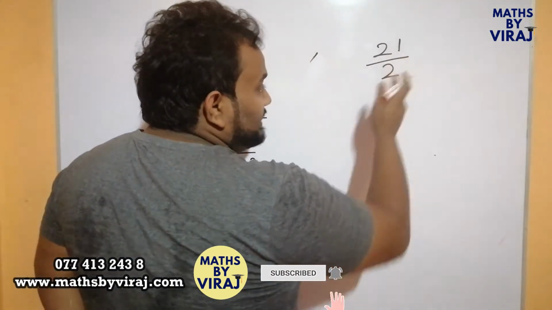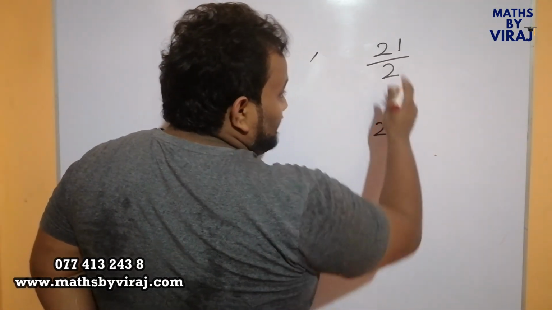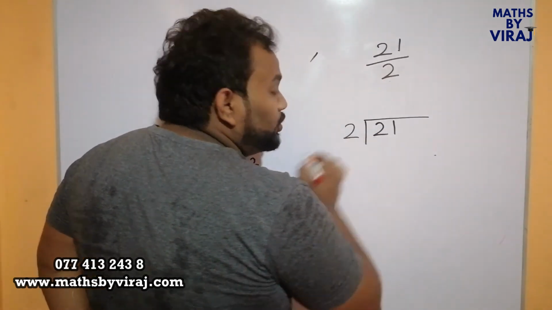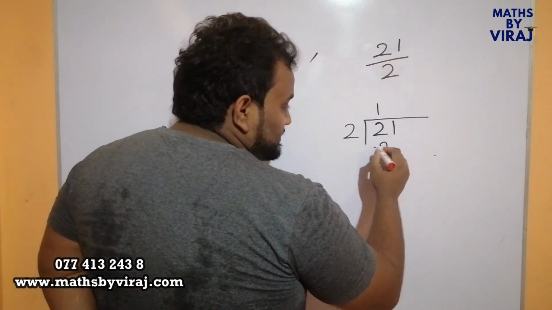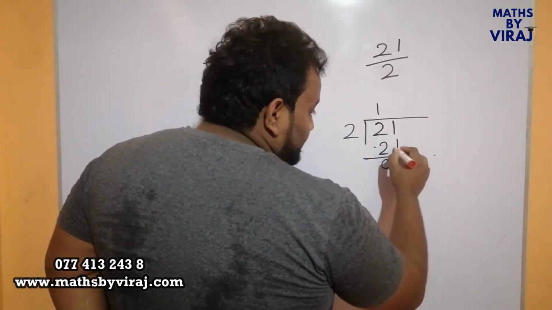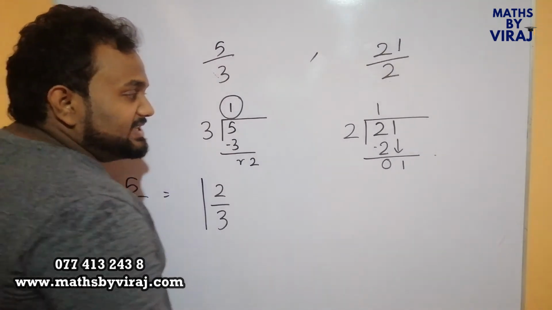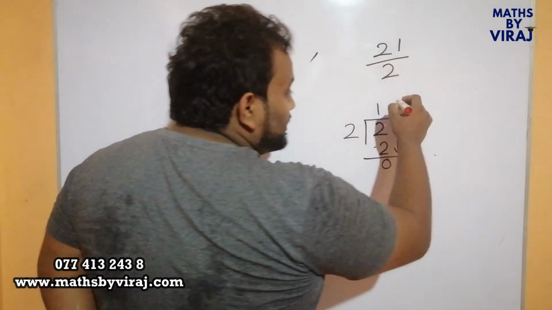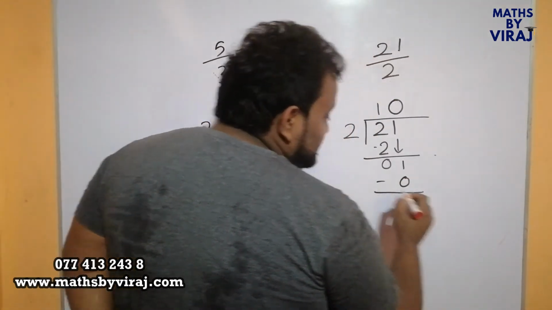Similarly, you have 21 that is to be divided by 2. Again, 21, which is the numerator, goes inside, and I am going to divide it by 2. 2 times 1 is 2. You subtract, 0, bring down 1. As you can see, there are no twos in 1. Therefore, we put 0. Subtract, the remainder is 1.